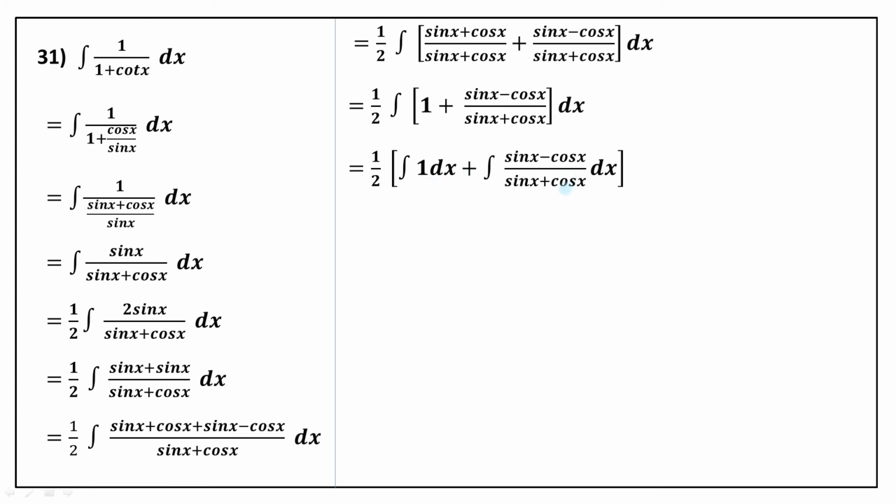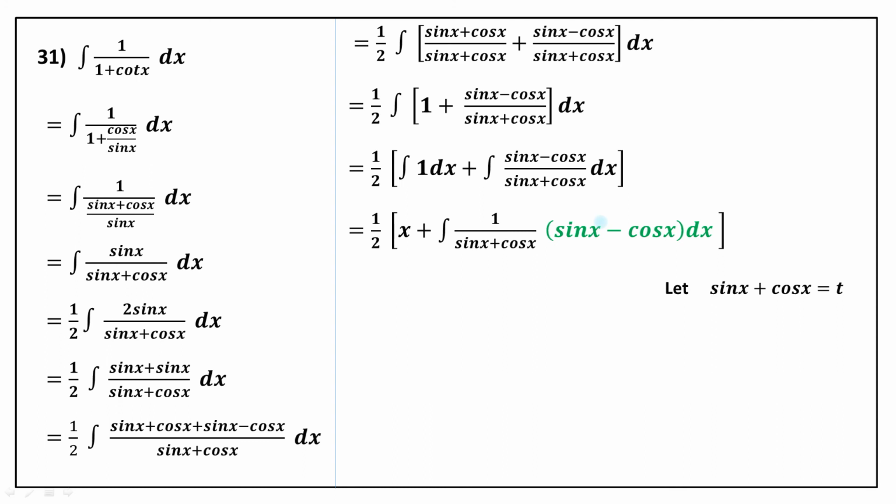Coming to the second one, you can see the denominator is the function and the numerator is its derivative. Taking the substitution sin x plus cos x equal to t, the differentiation of sin x is cos x and the differentiation of cos x is minus sin x.